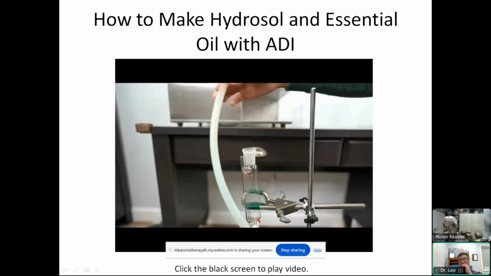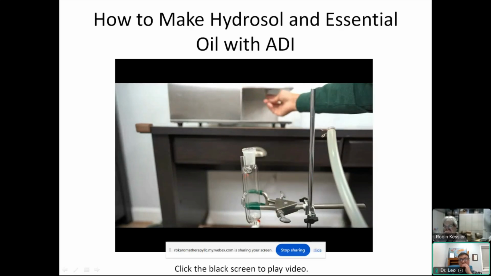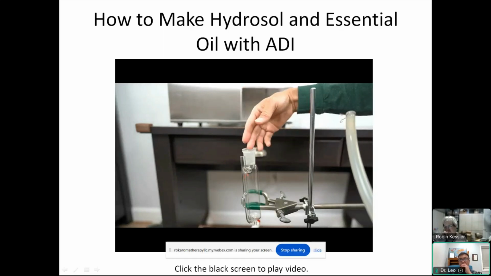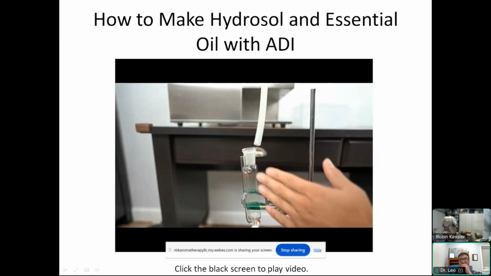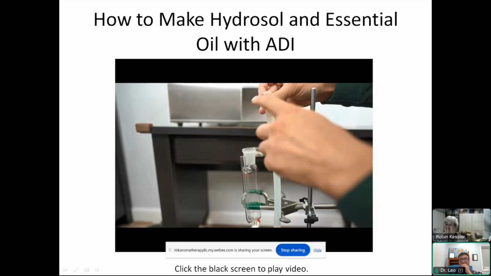So we just need a tubing to connect from the outlet of the ADI into the oil separator. This is the whole set. The whole set comes with a separator, a stand, and the tubing with a little clamp.